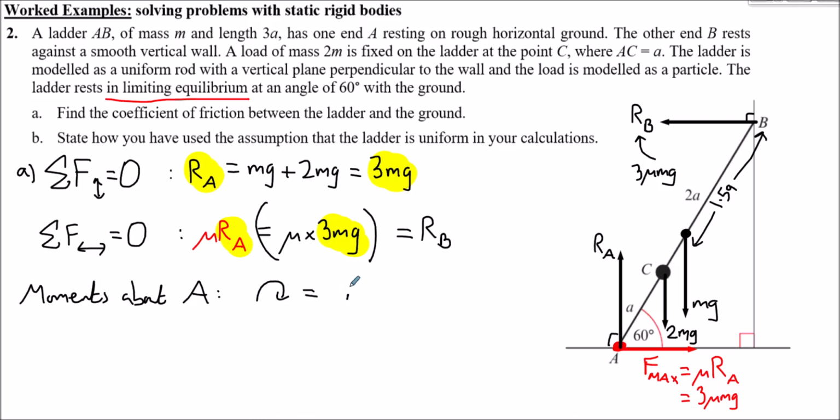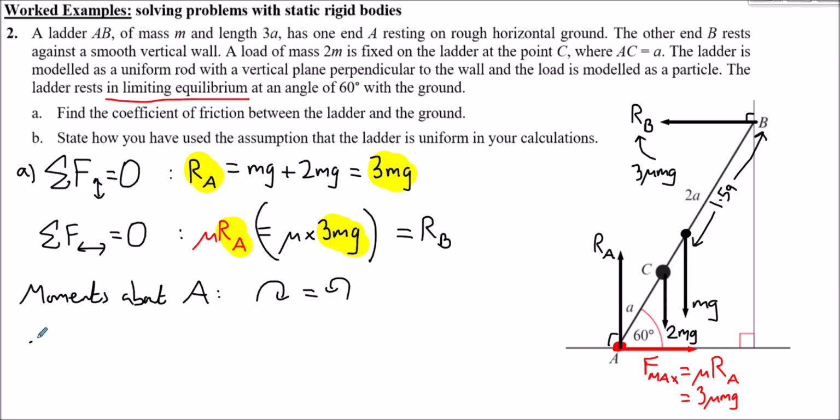So clockwise equals anti-clockwise. So relative to A, going clockwise, we have these two weights: the weight of the load 2m and the weight of this m. So 2mg and mg. So what we need to do here is work out the moments due to these forces.